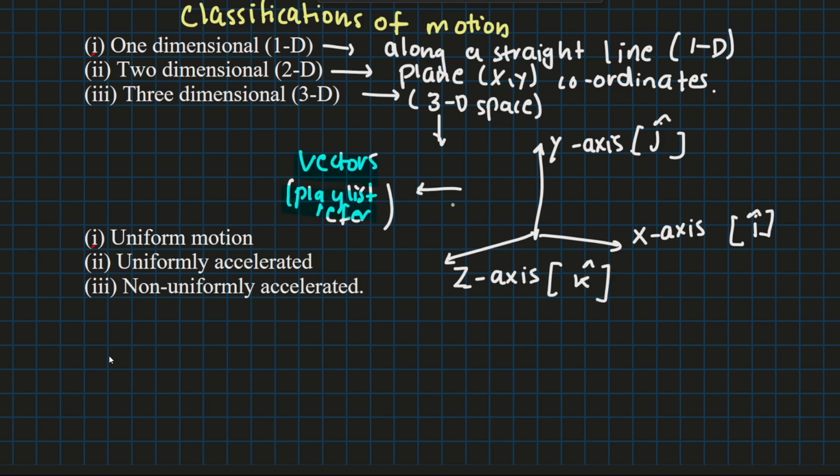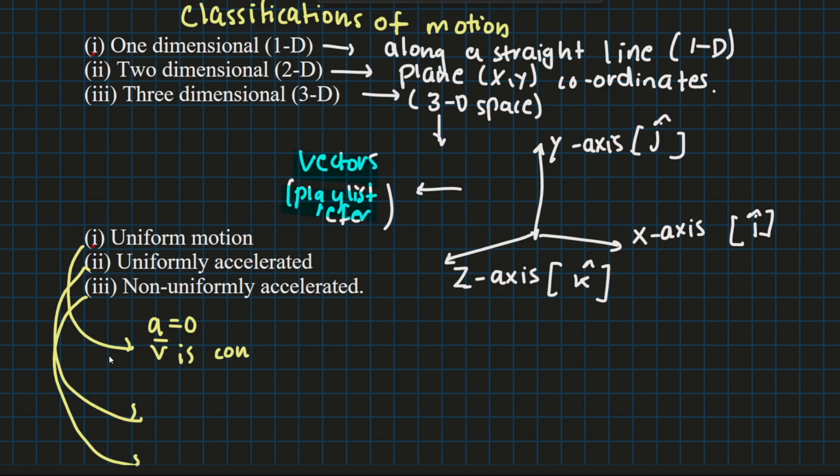Now further classifications are made upon uniformly accelerated and non-uniformly accelerated motion. What we mean by uniform motion is that the acceleration is equal to 0 and the velocity is constant. When acceleration is constant, we say it's uniformly accelerated.